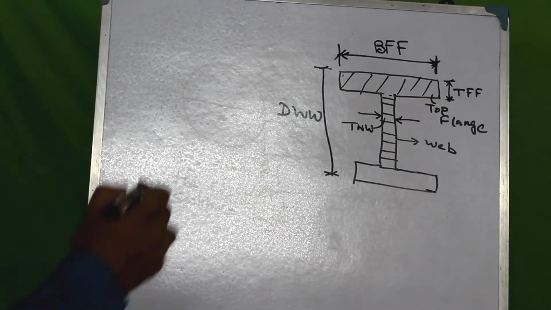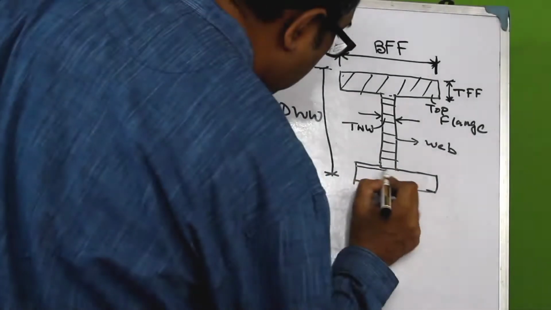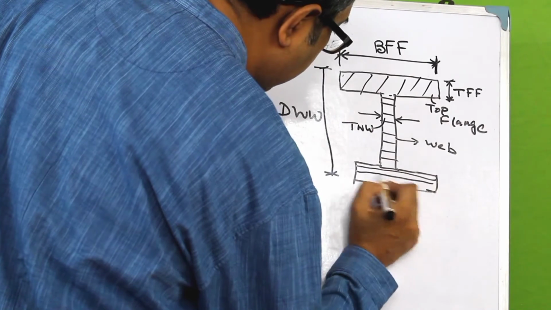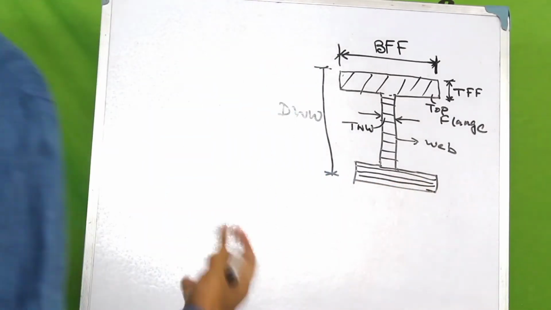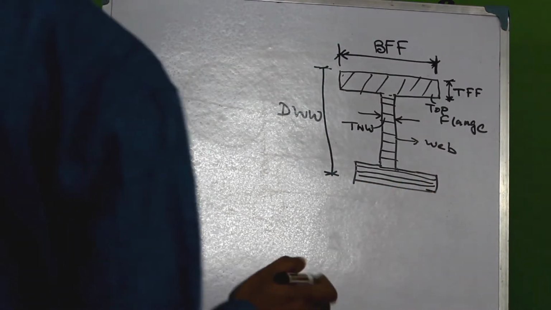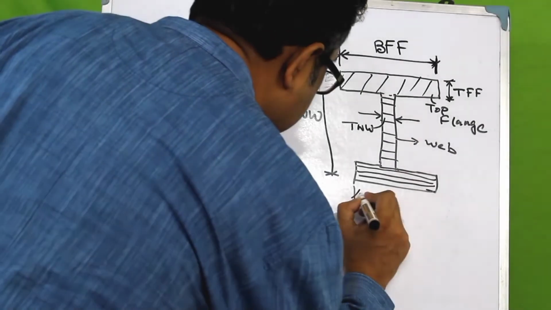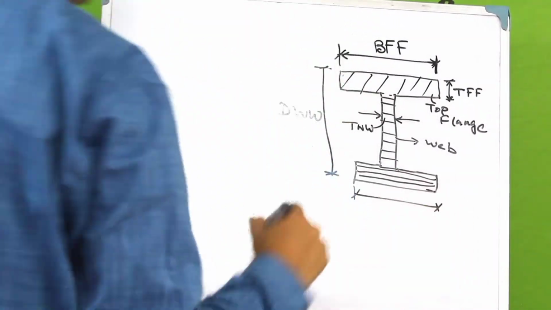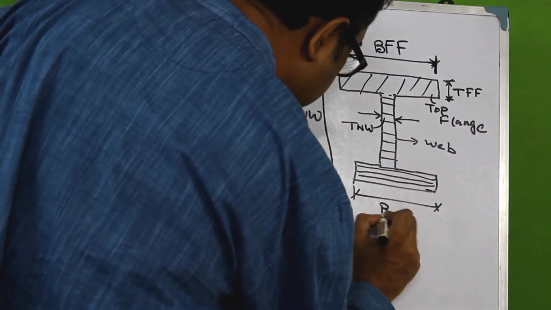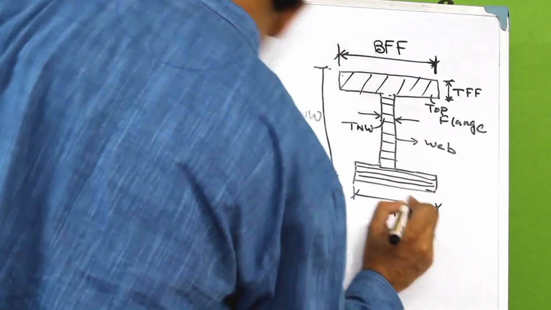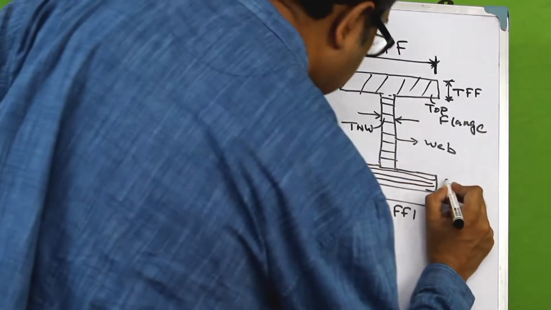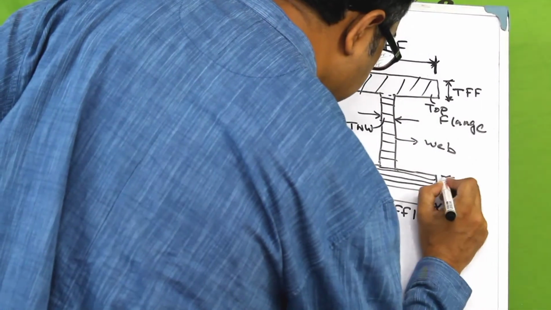And finally, the last portion is called the bottom flange. This bottom flange is another rectangle, and the dimensions can be represented as BFF1 for the width of the bottom flange, and the thickness can be represented as TFF1.